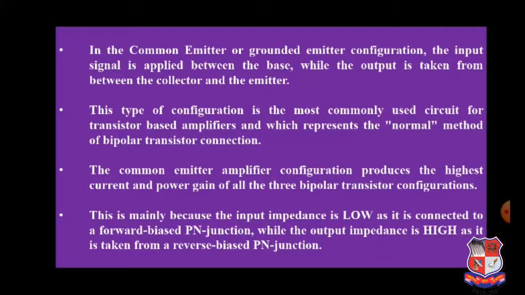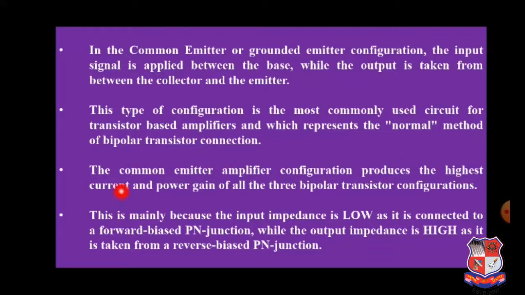The terminal which you are grounding, you have to eliminate for the input purpose, but still you can utilize the same terminal for your output purpose, and hence this type of configuration is the most commonly used circuit for transistor based amplifiers, which you may have utilized in your music system, and which represents the normal method of bipolar transistor connection.